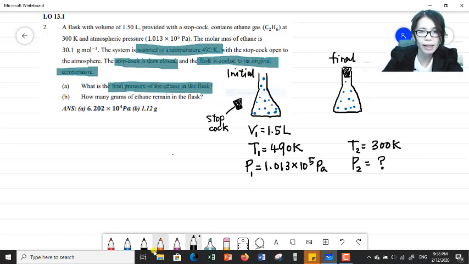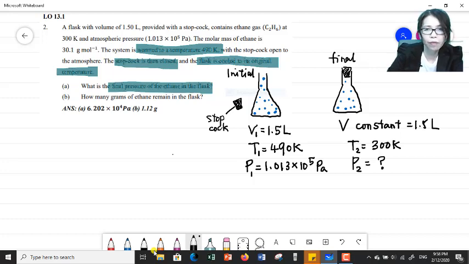We are using the same flask, so our volume is constant at 1.5 liter. For constant volume, pressure changes with temperature, so we can apply the pressure law.